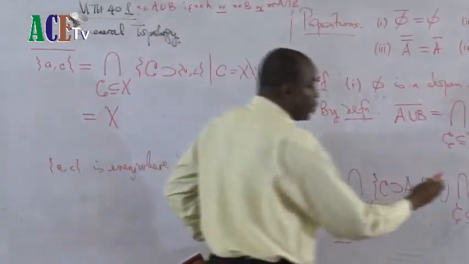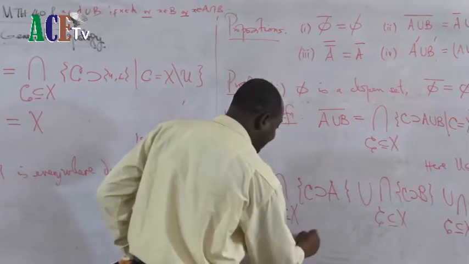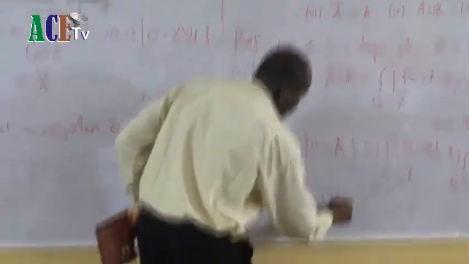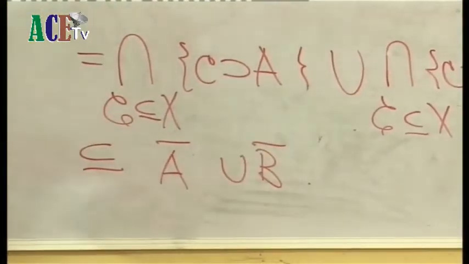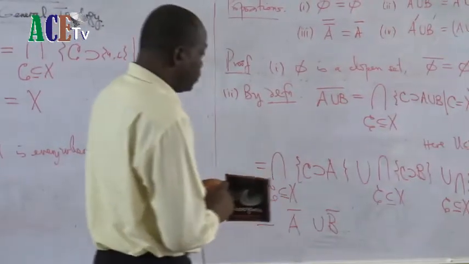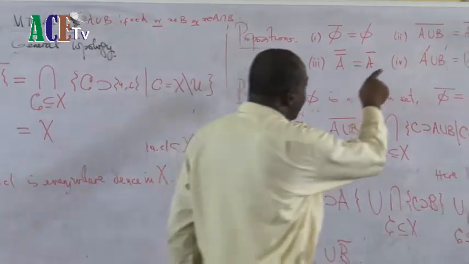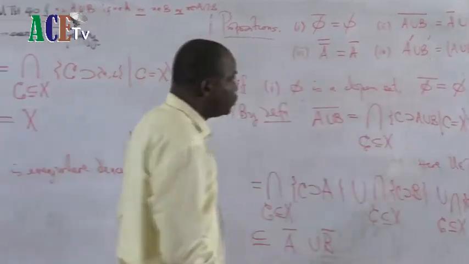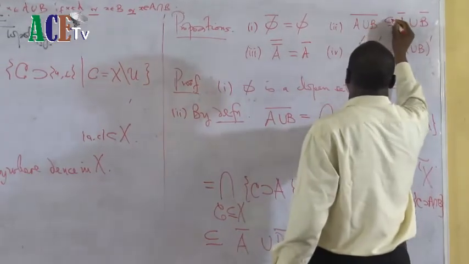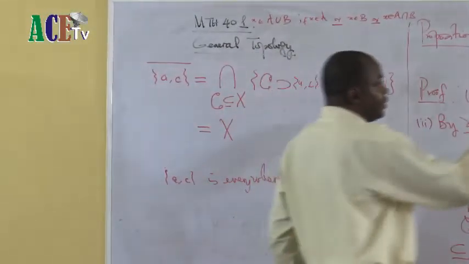And if we exclude this, what we are going to have is the closure of A union the closure of B. So this is not absolutely true, so we can make a claim here that this is actually contained in this.